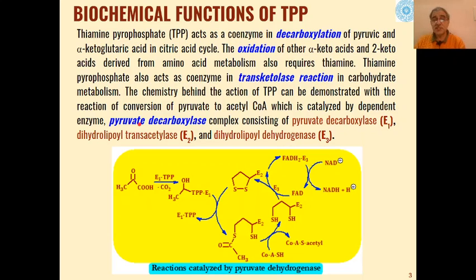So the mechanism basically is, first, the conversion of pyruvate to acetyl coenzyme A, which is catalyzed by the pyruvate decarboxylase enzyme complex consisting of three enzymes: pyruvate decarboxylase, dihydrolipoyl transacetylase, and dihydrolipoyl dehydrogenase. All these three enzymes do different types of functional group transformations.